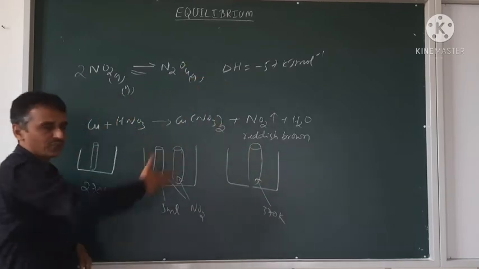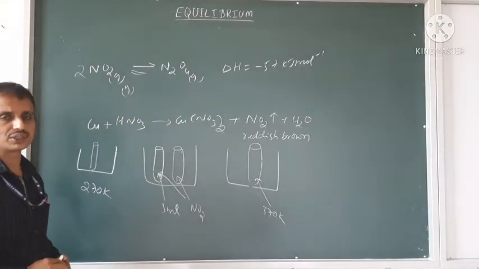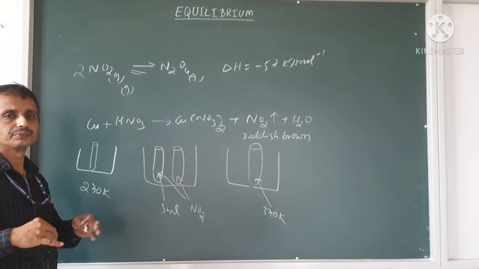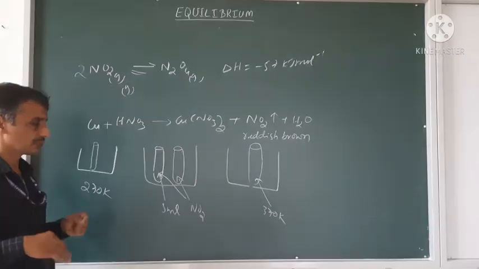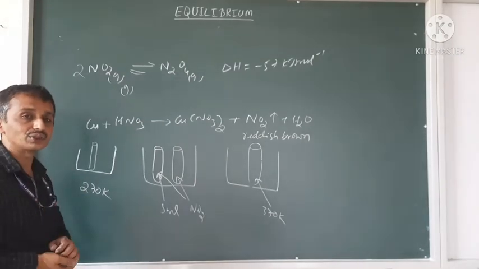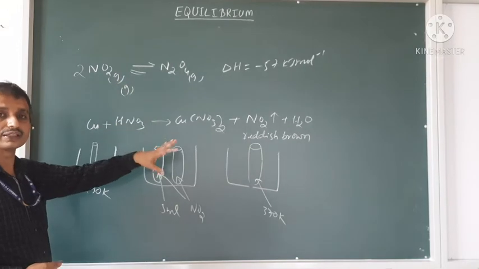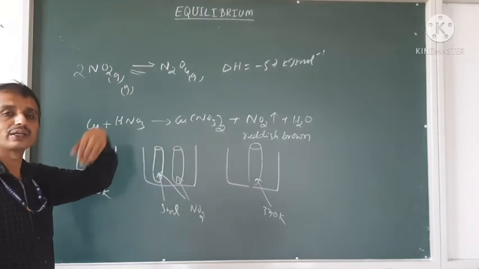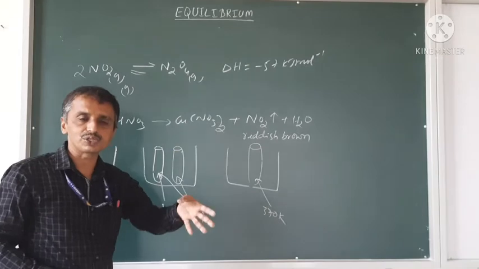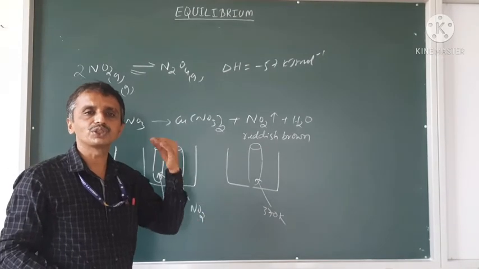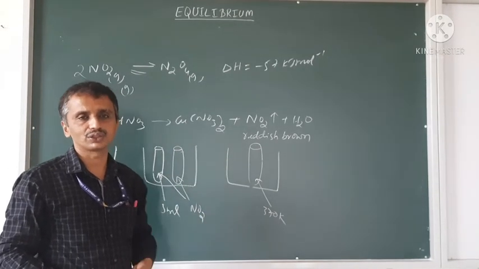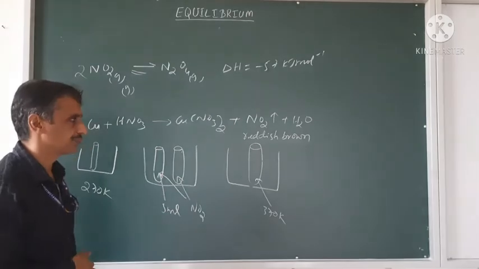From that we can verify Le-Chatelier's principle. With that we can say that the Le-Chatelier principle is correct only when the temperature is increased or decreased, the reaction will shift its direction.